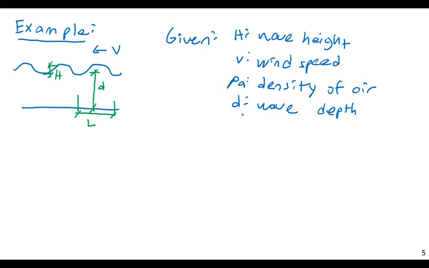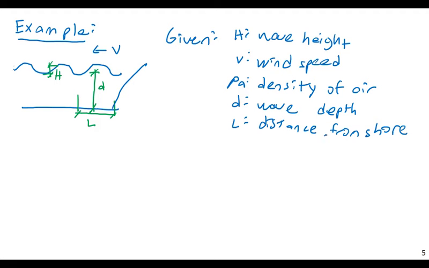L maybe is, maybe not the wavelength, sorry, I said that was wavelength. Let's say instead L is the distance from shore. So maybe I can show shore here or something. Although, again, for our analysis here, it's really not going to matter.